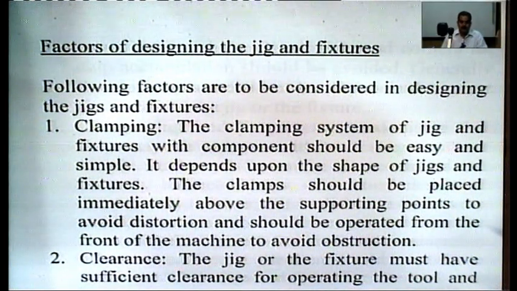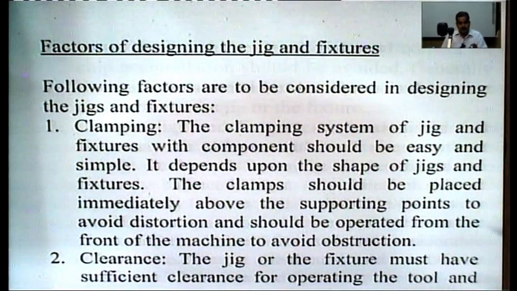Now the factors of designing the jigs and fixtures. What factors are there in the design of the jigs and fixtures? The following factors must be considered while designing the jigs and fixtures. First is clamping. Now clamping means holding the job in a particular position.